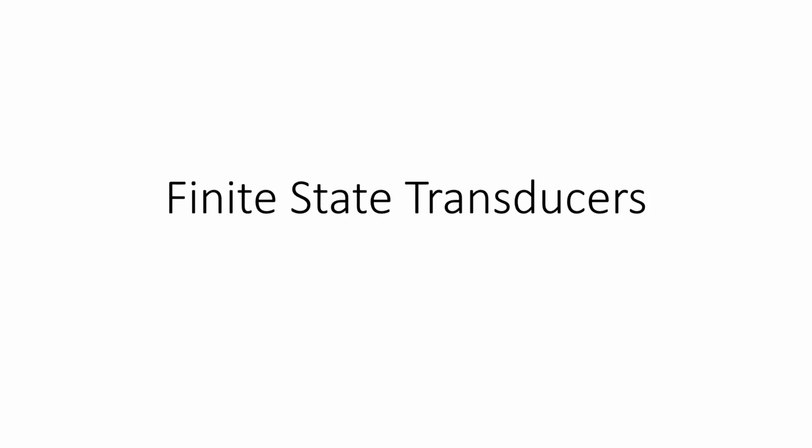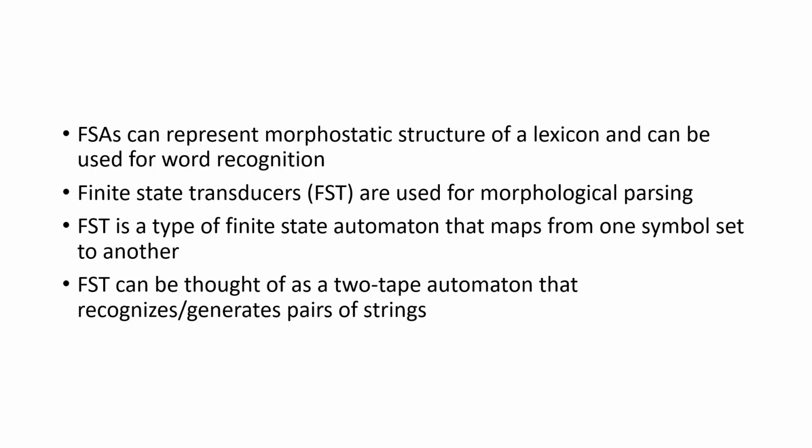Okay, so that is why we are going to look at what is known as a finite state transducer. So a finite state transducer is something similar to a finite state automaton, except that, apart from recognizing the language, it also generates some output. Okay, so that is what a finite state transducer is.